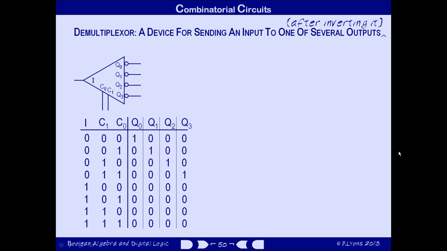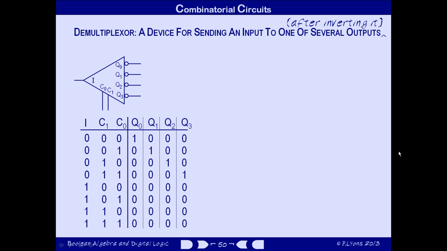There are 2 places in the table where this occurs, in the first row and in the 5th row. If the select input is 1, then we put the inverse of the input on output Q1. That's in rows 2 and 6, and so on. Don't be misled by all the zeros in the output columns in the bottom half of the table. They're genuine data values, they just mirror the input data value.